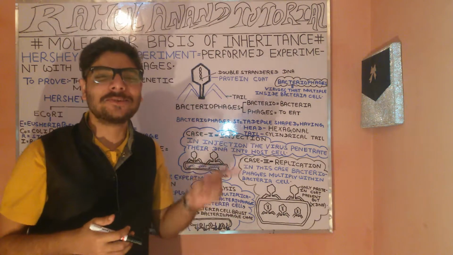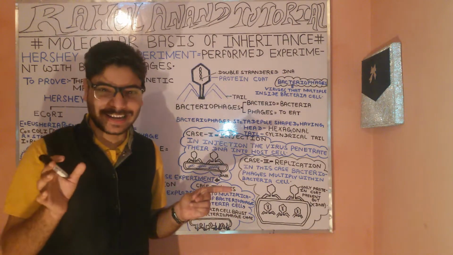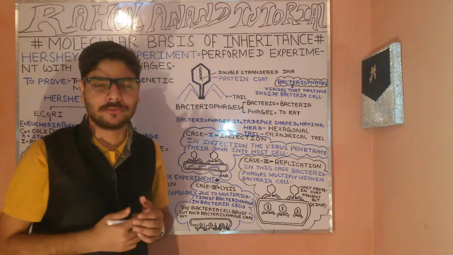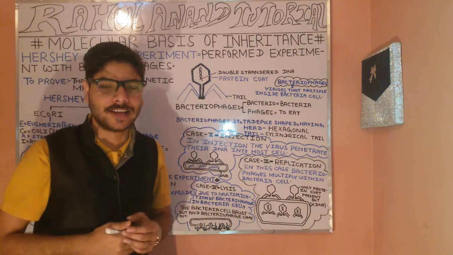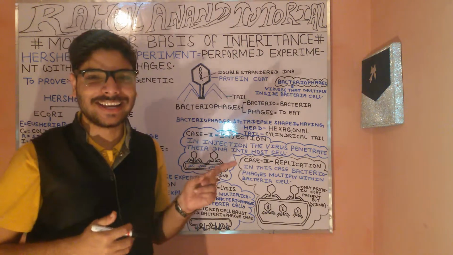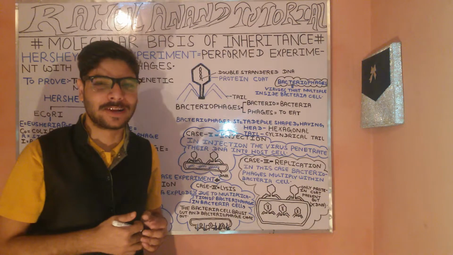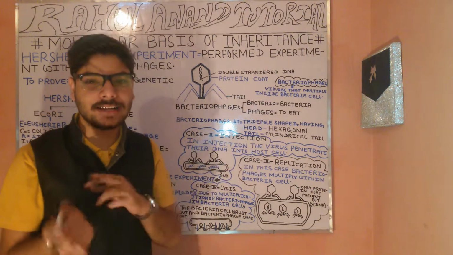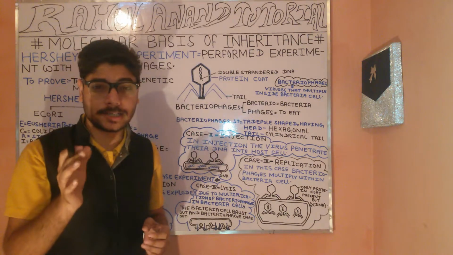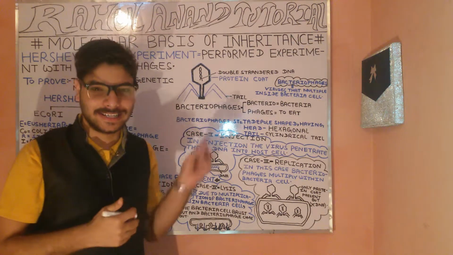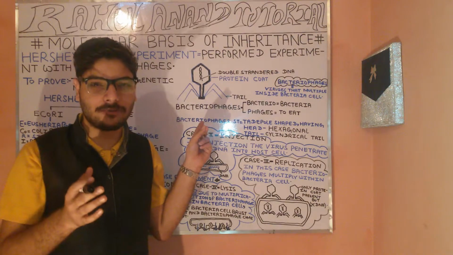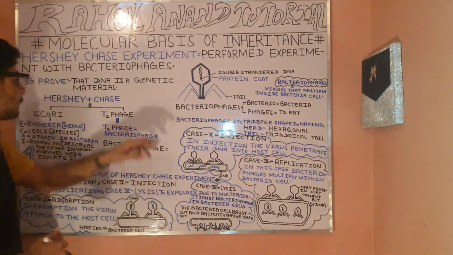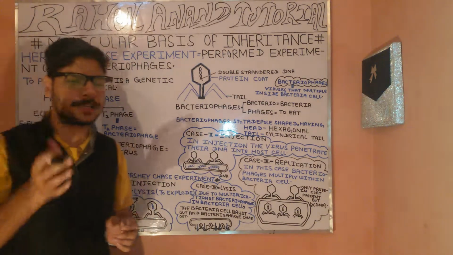These are attached to one another: adenine is attached with thymine by a double bond, and guanine and cytosine are attached with one another by a triple bond. These are the nitrogenous bases of our DNA. Now let's proceed to the Hershey and Chase experiment.